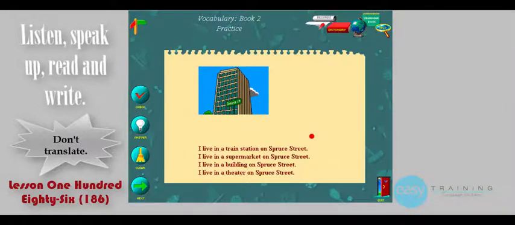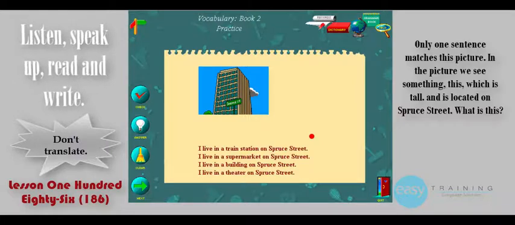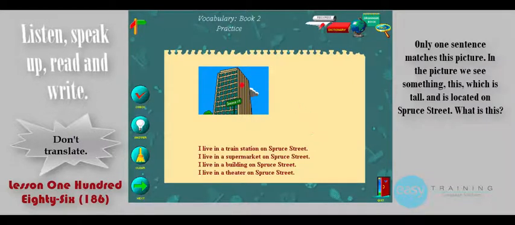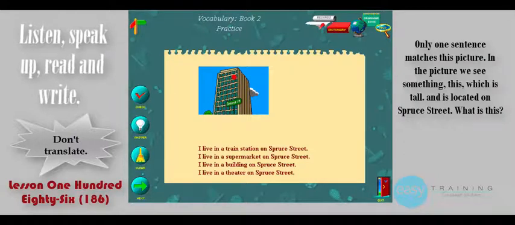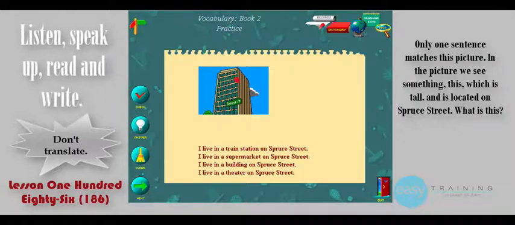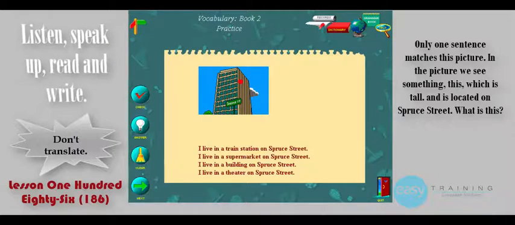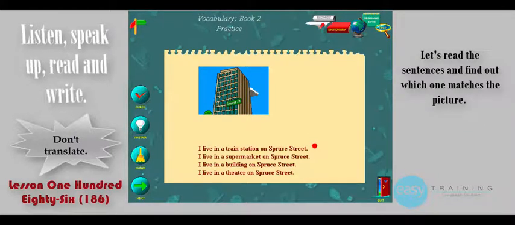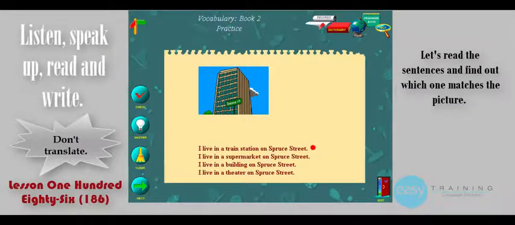Only one sentence matches this picture. In the picture we see something, this, which is tall and is located on Spruce Street. What is this? Let's read the sentences and find out which one matches the picture.